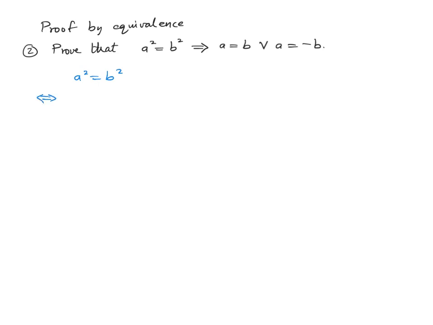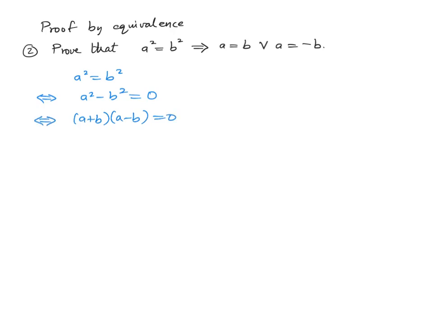Well, if a squared equals b squared, that just means that a squared minus b squared is equal to 0. I just set one side equal to 0. We don't usually write this symbol every time when we're solving an equation, but since it's a proof, this just means equivalence. This is the same as this. Now I can factor a squared minus b squared: (a plus b)(a minus b) equals 0, and again, these are equivalent.